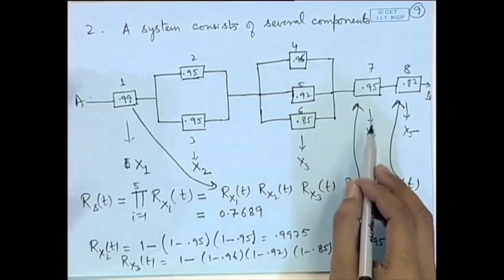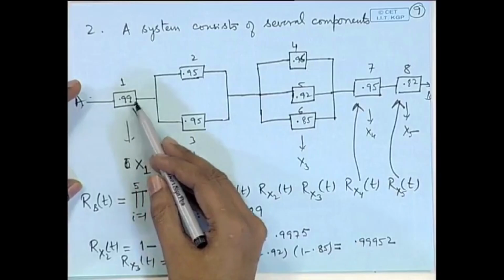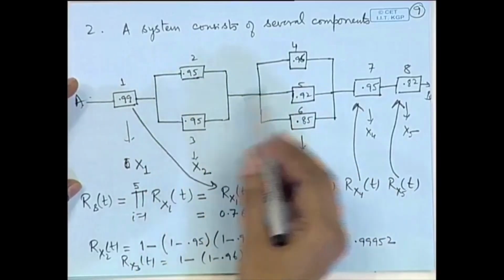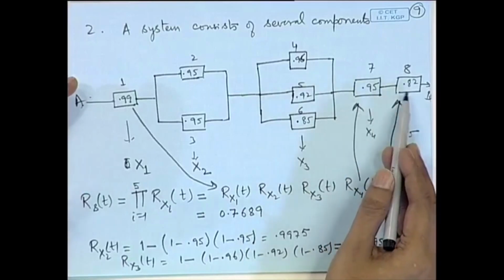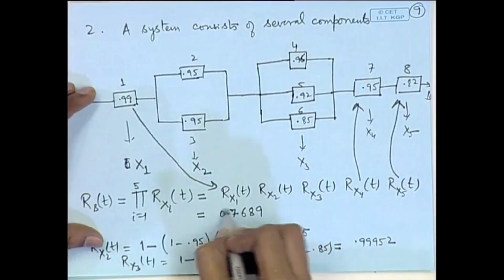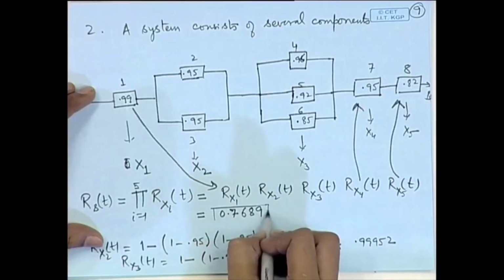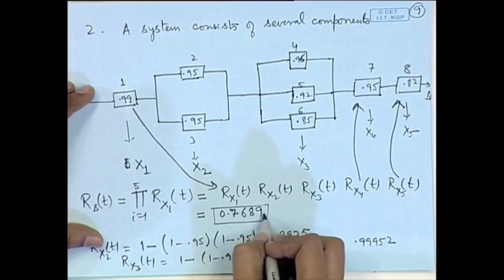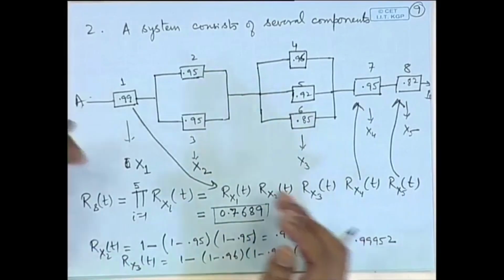One more thing we should notice here: the reliabilities of the individual systems are quite high, for example, 0.99, 0.95, 0.95, 0.82 etc. But the reliability of the compound system is 0.7689, which is much smaller, which shows that when we multiply the probabilities they become smaller, because each of the numbers is less than 1.